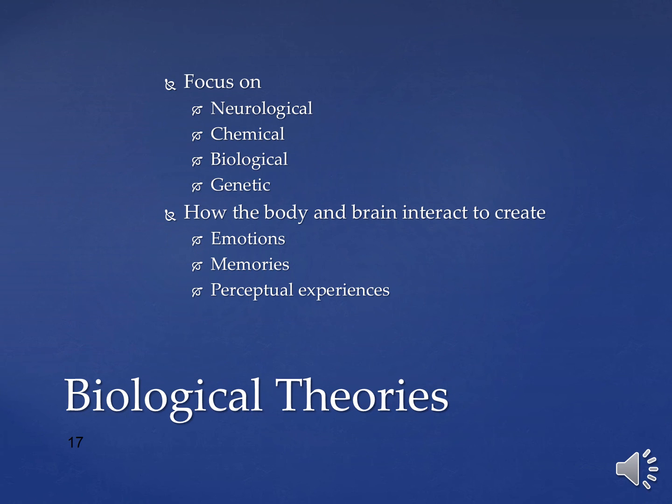Sometimes the damage is genetic, sometimes it's chemical, as in the case of substance abuse or depression. So the way we use our biological interventions, which are our medications for the most part, with the brain are based on these biological theories.